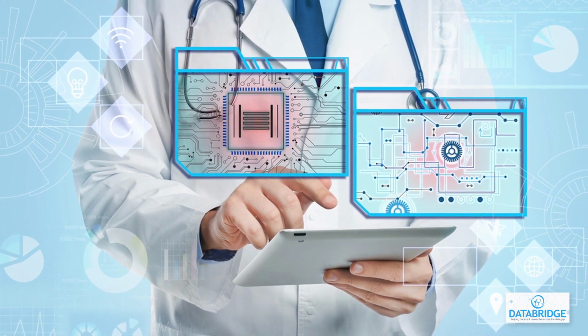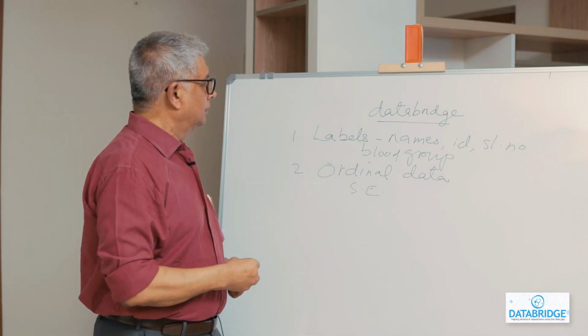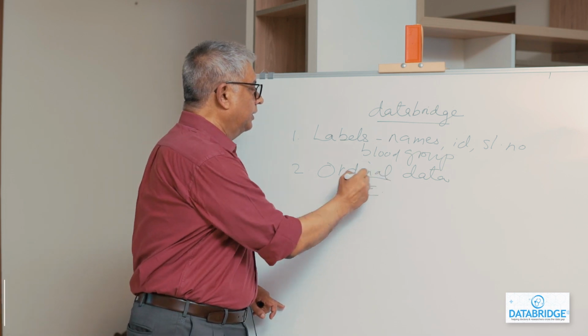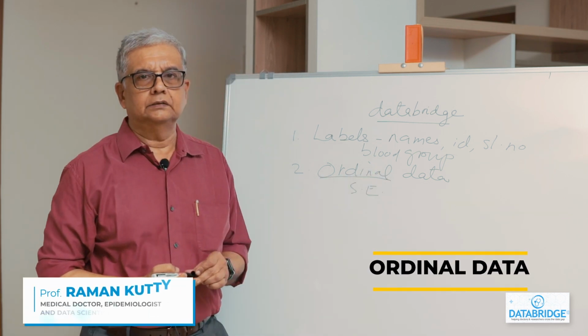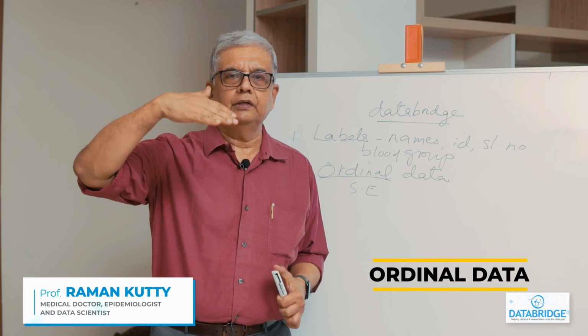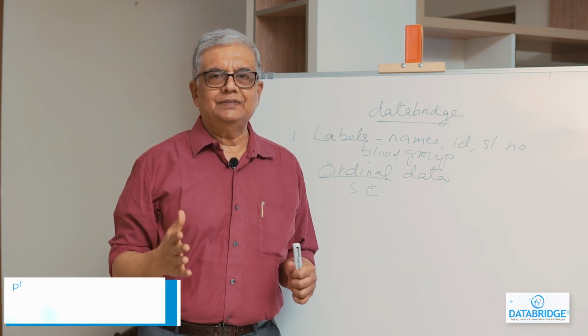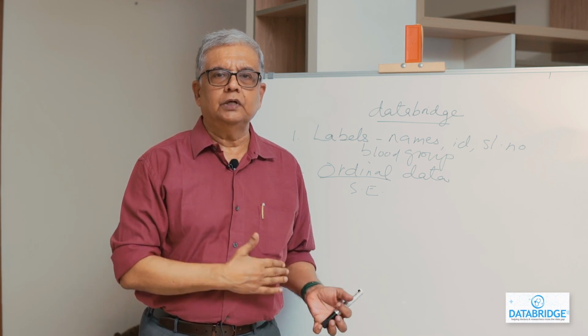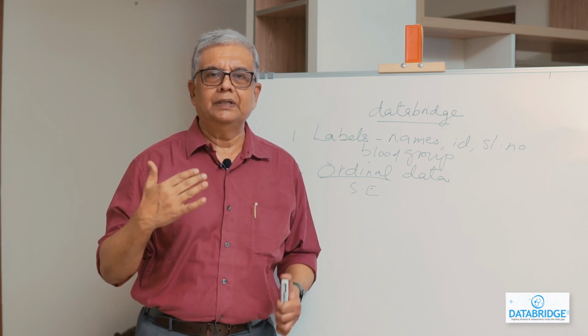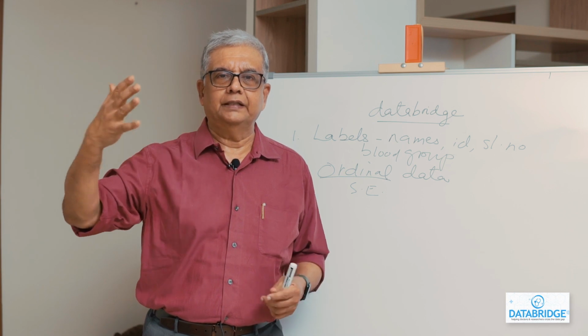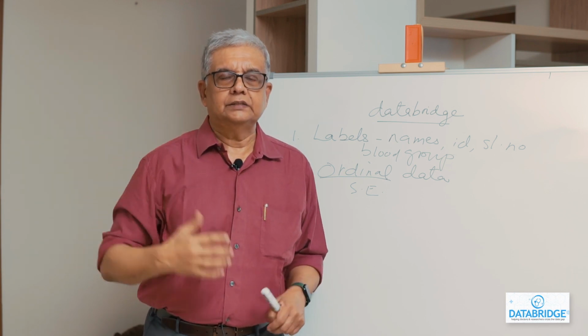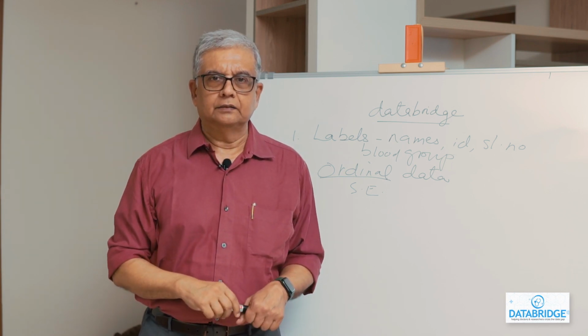So there is an ordering of the data, that's why it's called ordinal data. One is supposed to be a position above the other. But at the same time, the distance between poor and middle class and the distance between middle class and upper class cannot be defined. It is just an ordering, that is all. That is why it's an ordinal data.